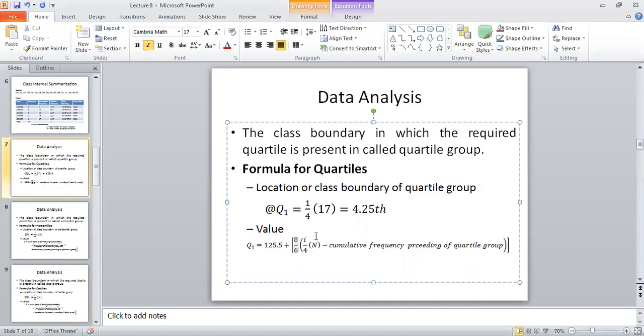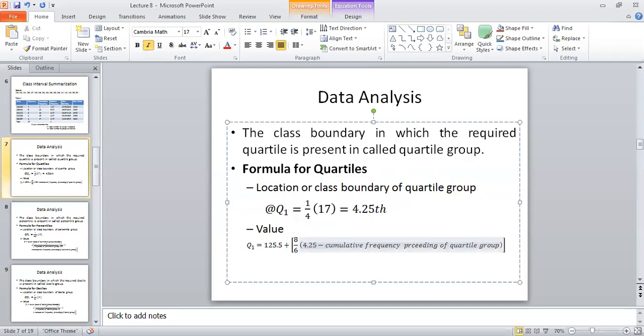Then i upon 4 into capital N. We have just determined that i is replaced by 1, and 1 upon 4 into 17 is 4.25. So we replace this whole factor with the numeric value 4.25.